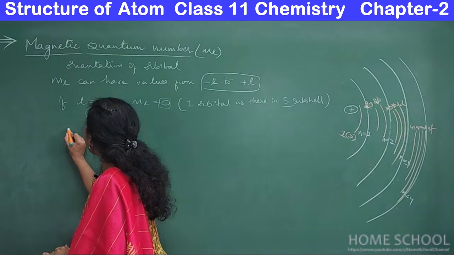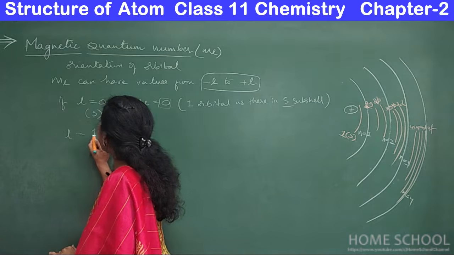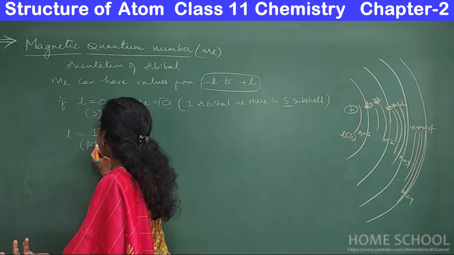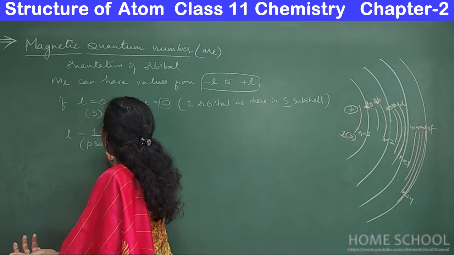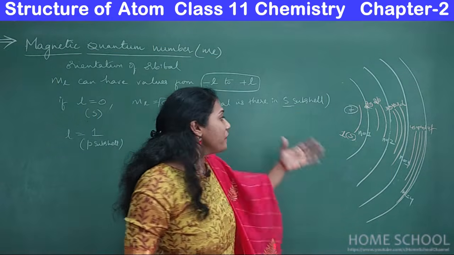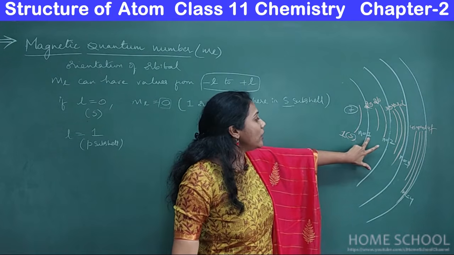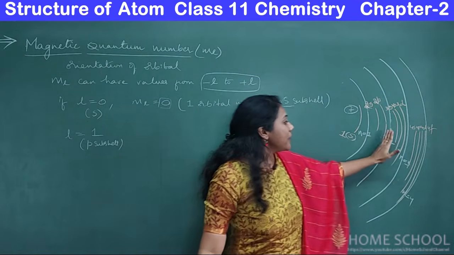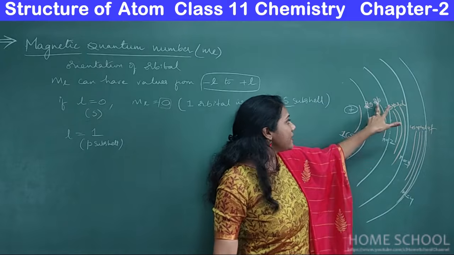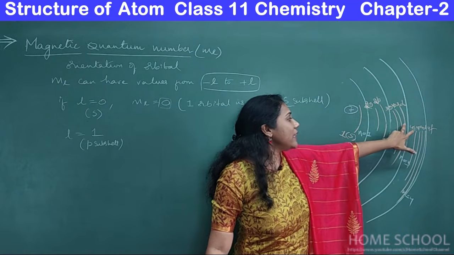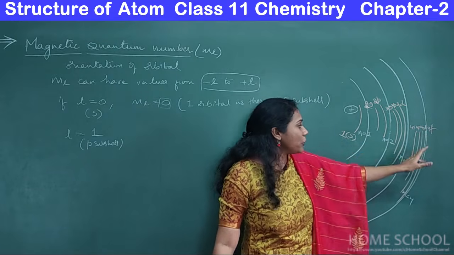And observe this. If L is equal to 1, I told you it is a p subshell, right? The p subshell is present from which main shell onwards? In the first shell, n is equal to 1, you don't have a p subshell. From the second shell onwards, the p subshell is there. 2p is there, 3p in the third shell, 4p in the fourth shell.